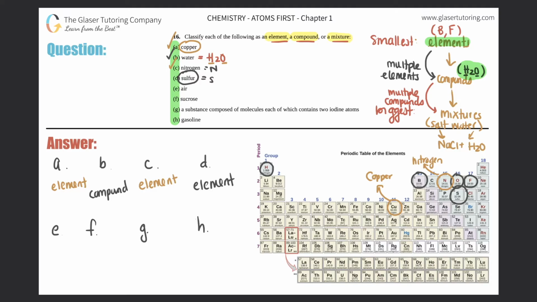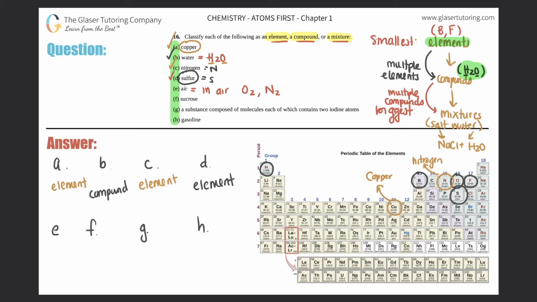Halfway through, air. Ooh, this one's a tricky one. So air, if you looked it up on Google, or if you're not sure what air is, it's actually many different molecules coming together. In air, you have oxygen gas, O2, the stuff that we breathe, but there's also a lot of other things in there. There's nitrogen gas, etc., etc. But this should kind of give you the hint as to what's going on.